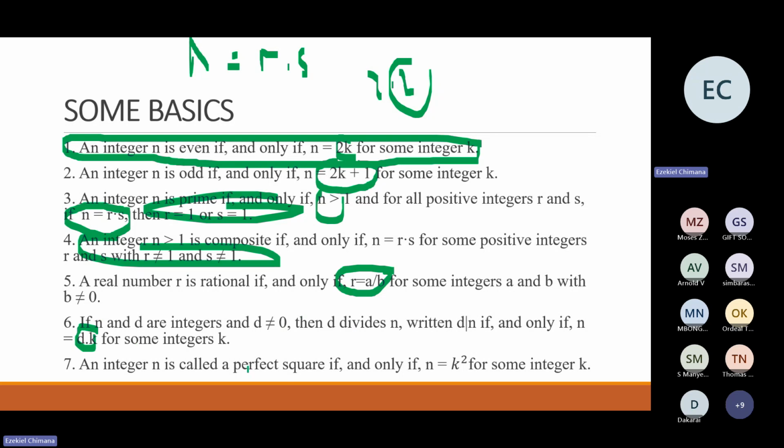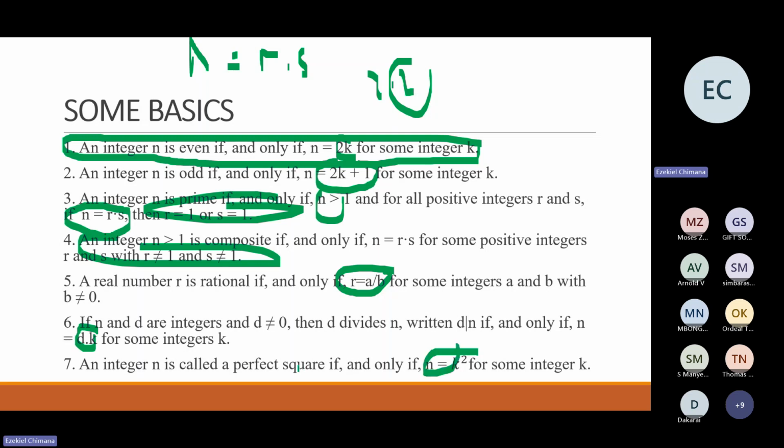An integer n is called a perfect square. I'm sure you know the perfect squares. Those are numbers where if you find the square root, you just get an integer. So an integer n is called a perfect square if and only if n is equal to k squared.